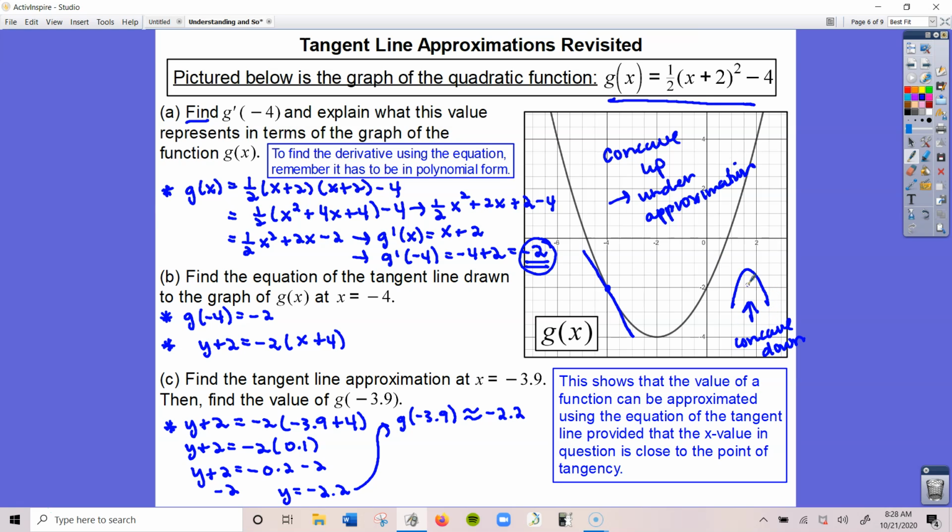Now, if you had a concave down function, let's say I had a tangent line here, we see that the tangent line is above the graph, making anything that is concave down an over approximation. So we would have to pay attention to the concavity. Since this is a concave up function, that means that this is an under approximation.